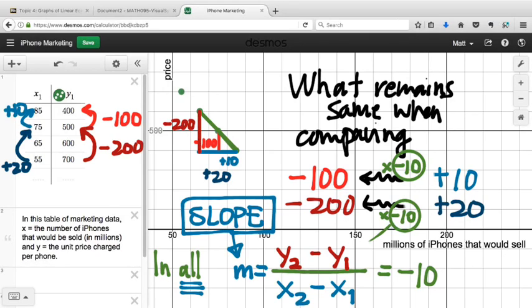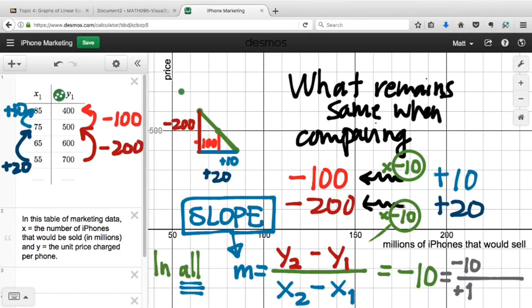In particular, and I'm going to close with this, we can interpret that negative 10 in the following way, by first of all turning it back into a fraction, negative 10 over 1. That's how we can always turn a whole number into a fraction. And then reinterpreting what this means in terms of iPhones. Because my numerator here, my y's, are prices.